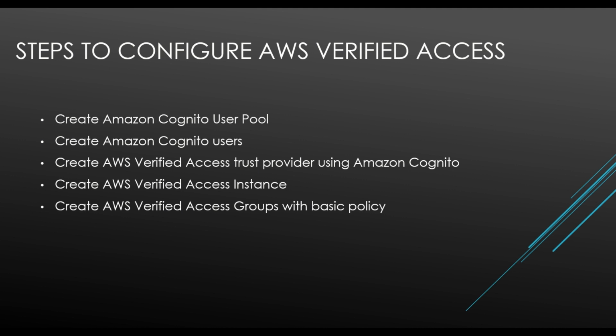AWS Verified Access policies enable you to protect access to your corporate applications hosted in AWS. They are written in Cedar, an AWS policy language. With verified access, you can express policies that use the trust data from the trust providers you configure, such as corporate identity providers and device security state providers.